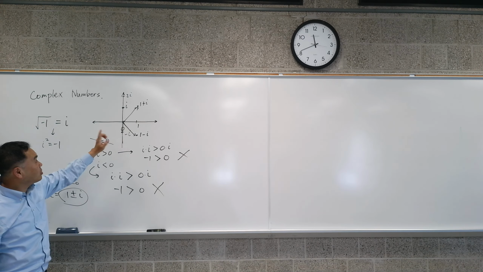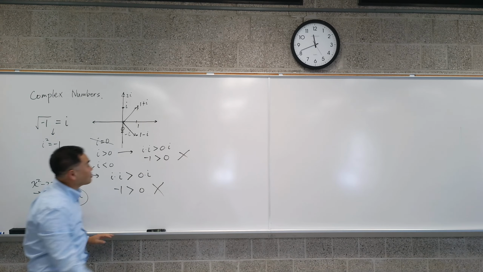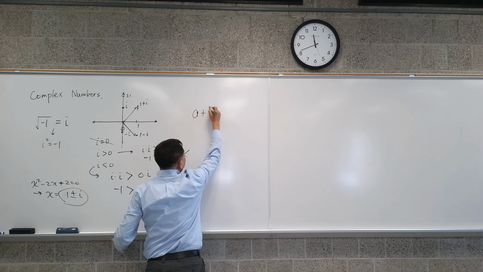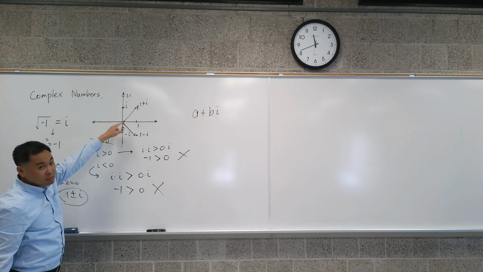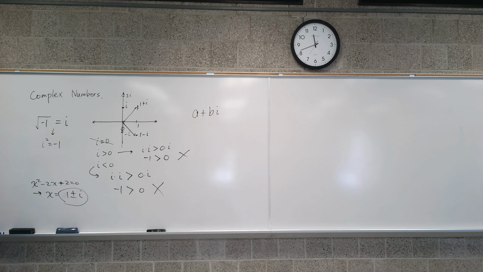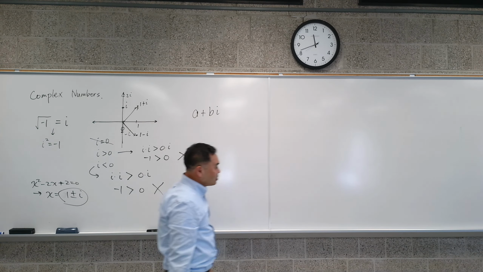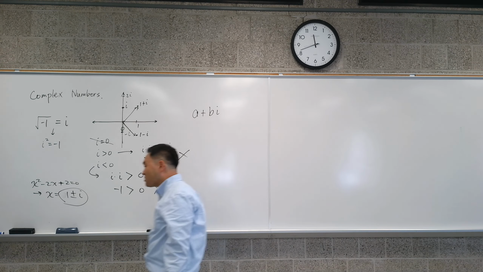On the complex plane, you can denote all the possible complex numbers, anything of the form a plus bi can be drawn on this complex plane. Okay, so that's the second approach. But most of you here are engineers, and you might be thinking, this is nonsense.